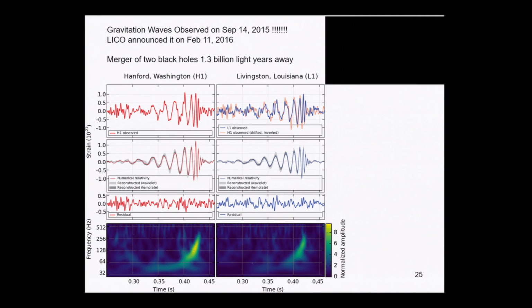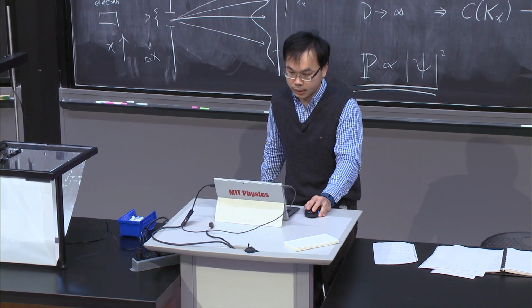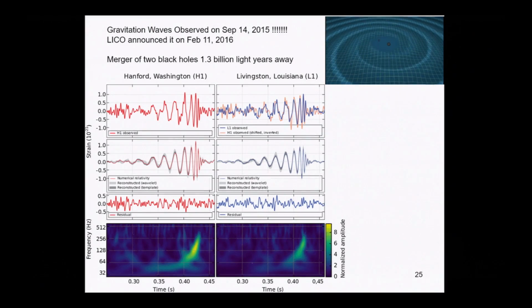You can also see the calculation below, which is what you should expect if you have the merger of two massive black holes. You can see that they are rotating with respect to each other.